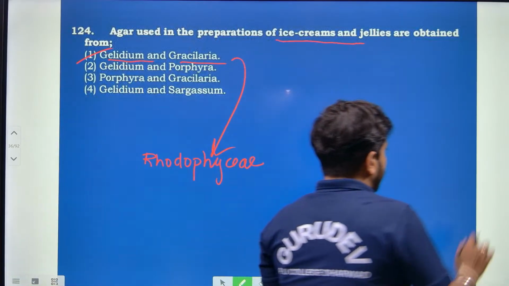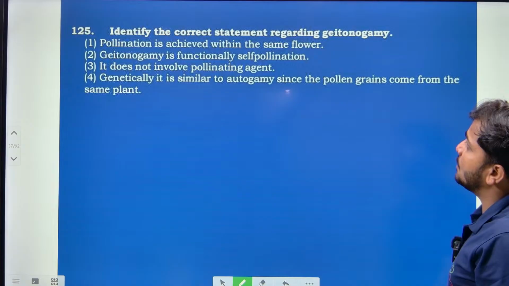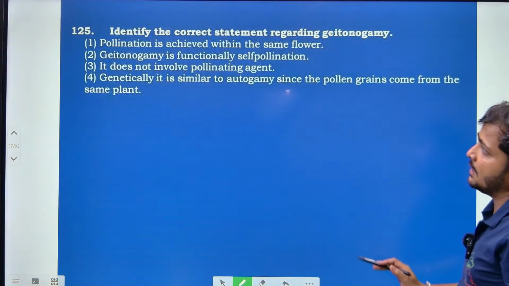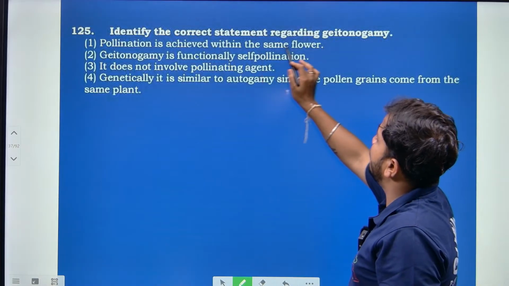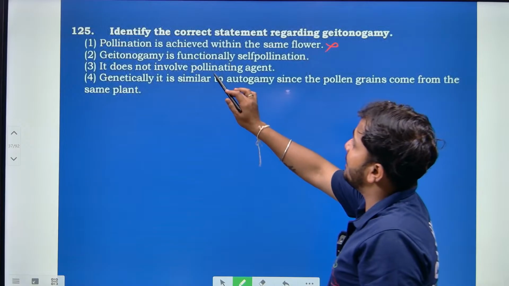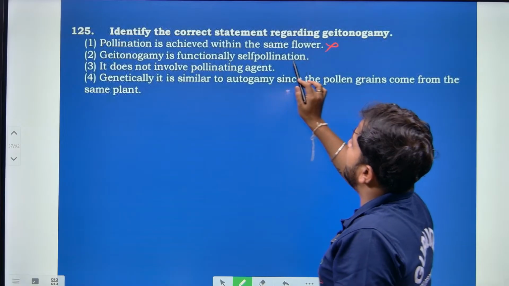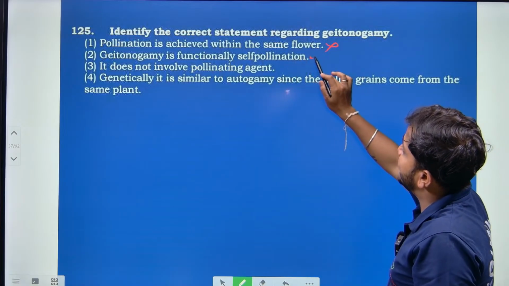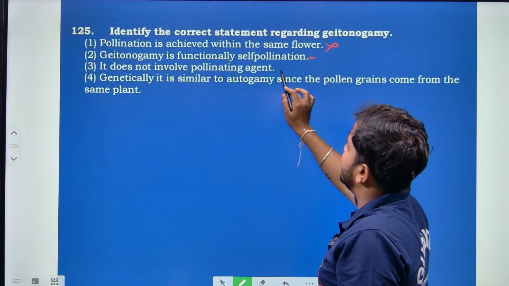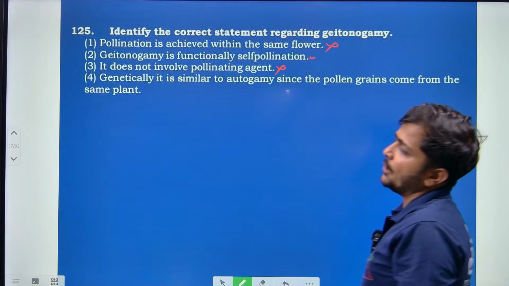Then the next question: identify the correct statement regarding geitonogamy. Pollination is achieved within the same flower. This is incorrect. Geitonogamy is functionally a self-pollination. Yes, this can be correct. It does not involve a pollinating agent. No, it involves the pollinating agent.